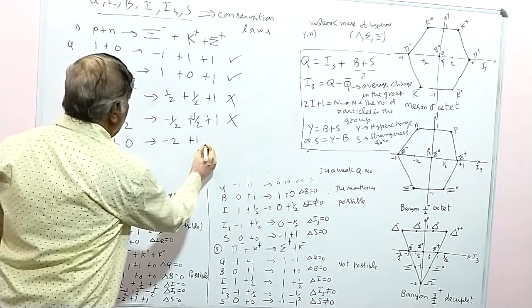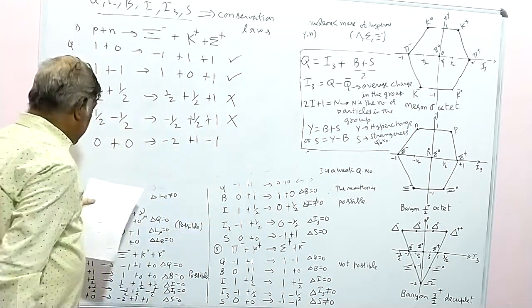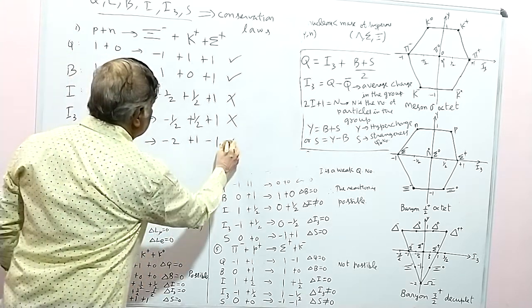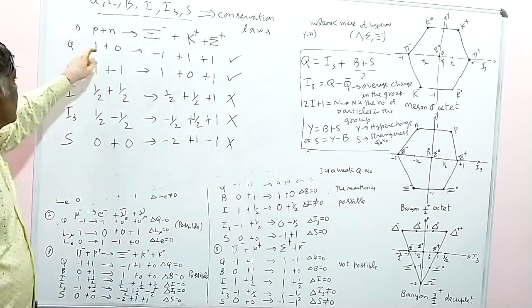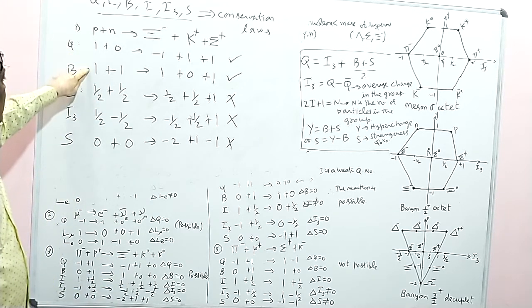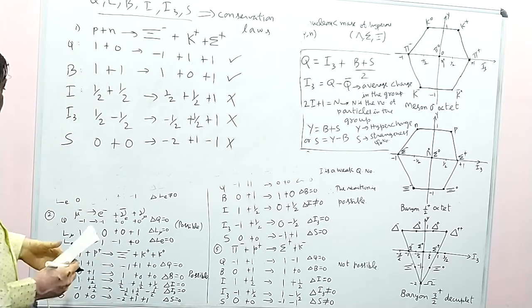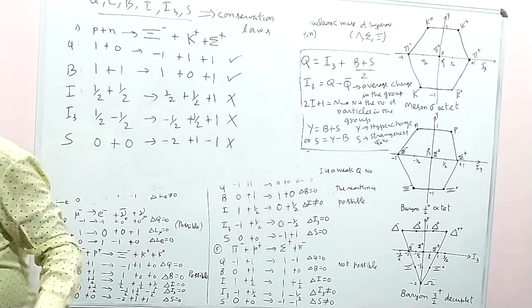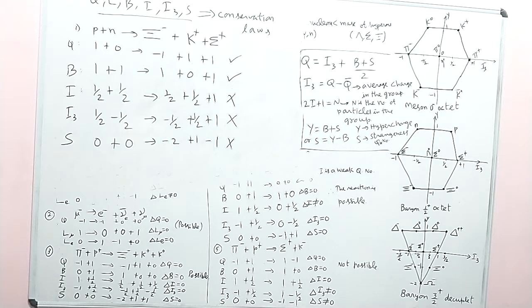So the S number is minus 1. So again you see this is not satisfied. So these quantum numbers, Q and B, are conserved, whereas I3 and S are not conserved. Now you will take the next problem.